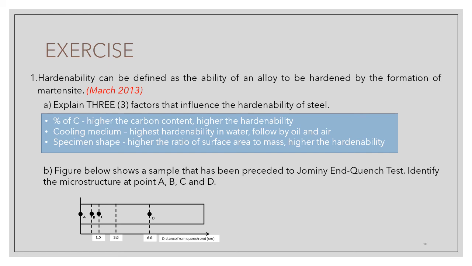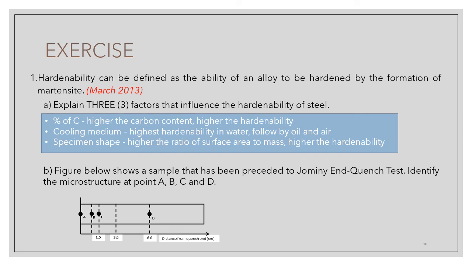The higher the amount of carbon, the higher the hardenability. And point number 2, the cooling medium. The highest hardenability will be obtained by water, followed by oil, and then lastly by air. And of course, the specimen shape will also determine the hardenability of the steel. The higher the ratio of surface area to the mass, the higher the hardenability of the sample.